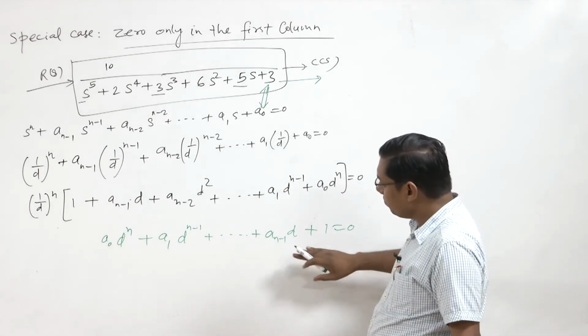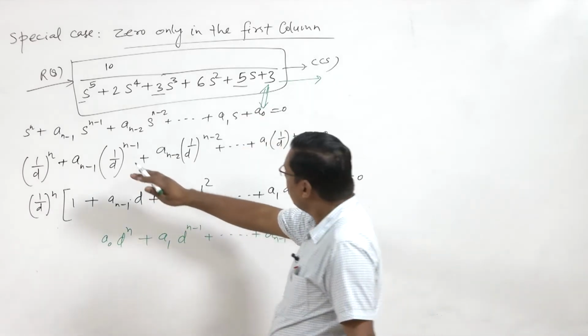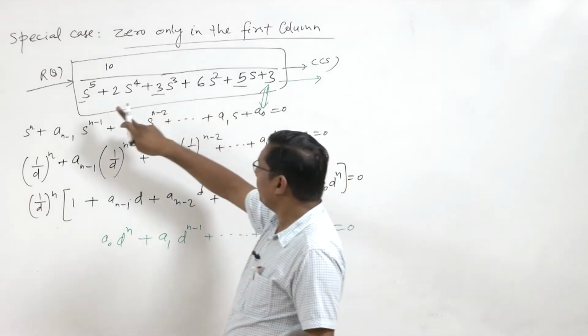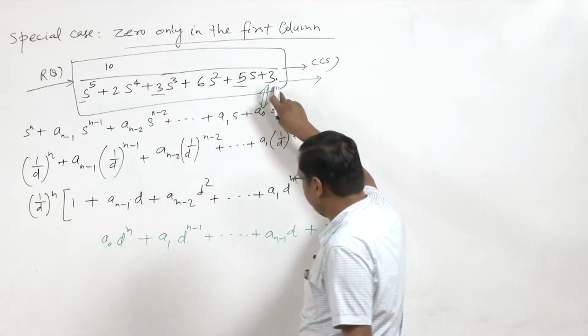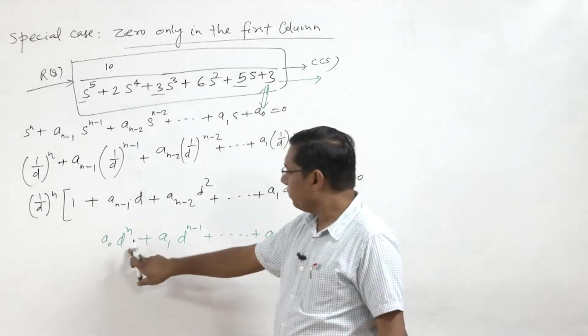We can see how to convert it simply by looking at this. The constant term is getting the highest power of d, so d power 5 into 3, because here the constant term a0 is getting d power n.